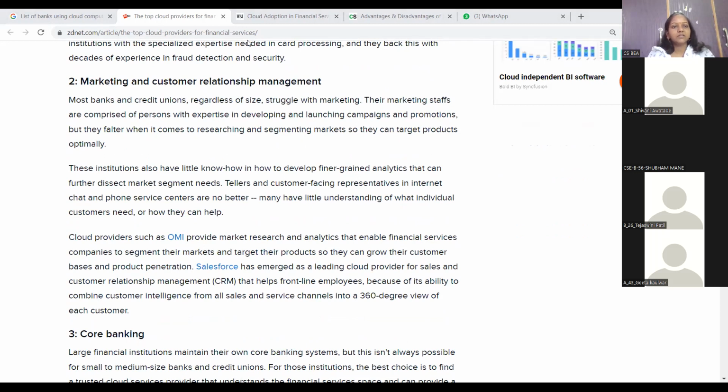Their marketing staffs are comprised of persons with expertise in development of and launching the campaigns and promotions, but they falter when it comes to researching and segmenting markets so that they can target the products optimally.